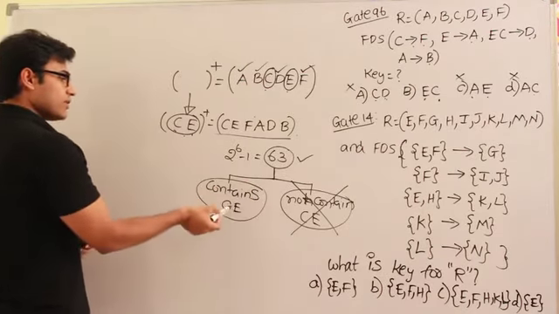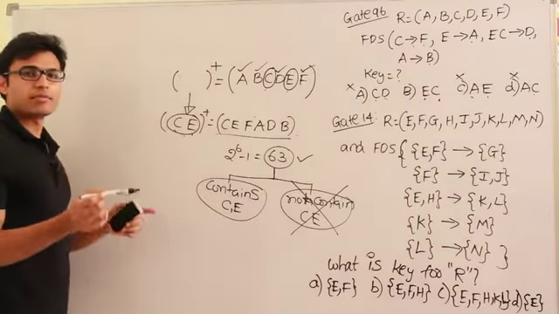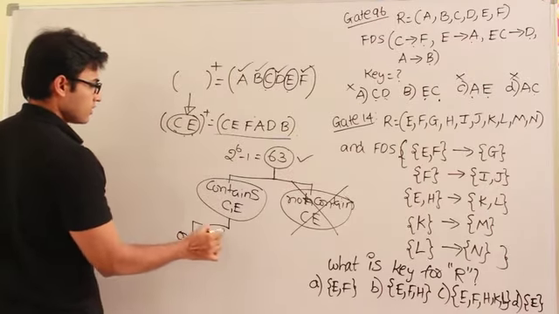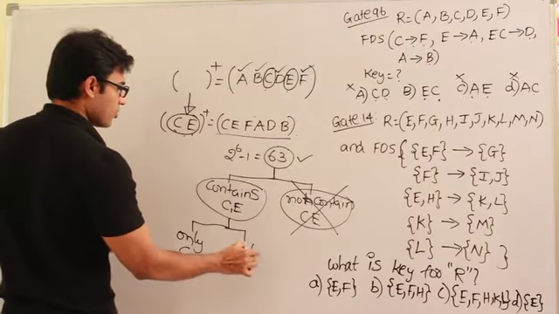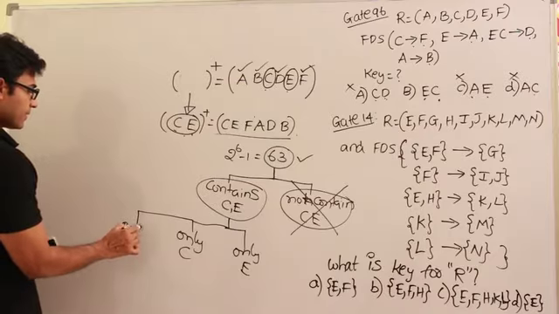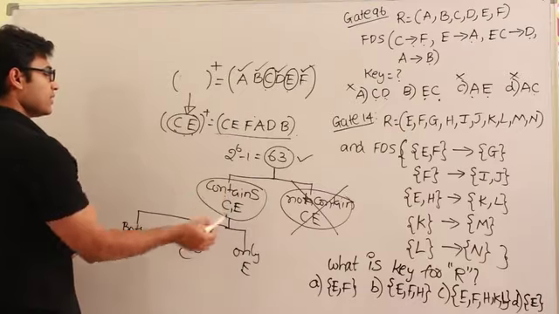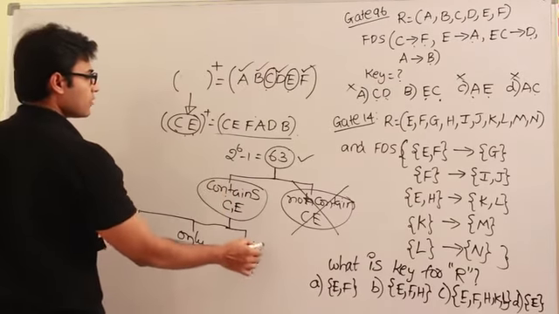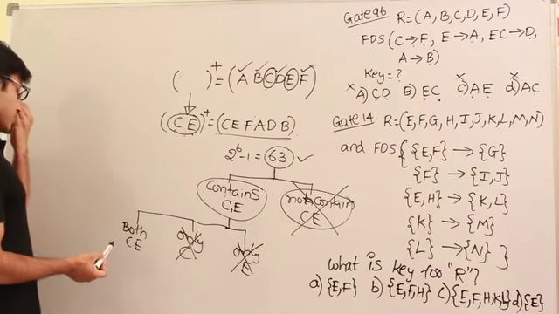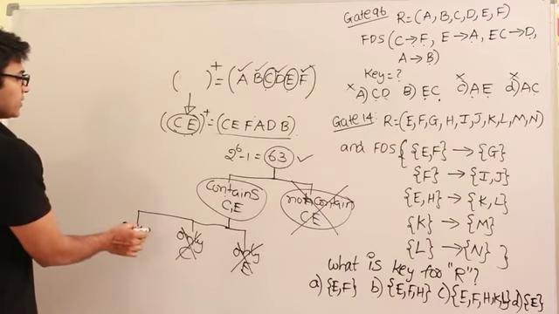They should contain C and E combinedly. If they contain only C or only E, they are not eligible to be a candidate key, or any key in that manner.